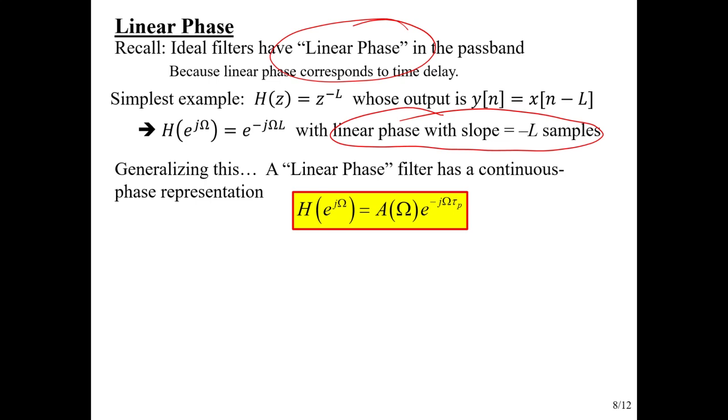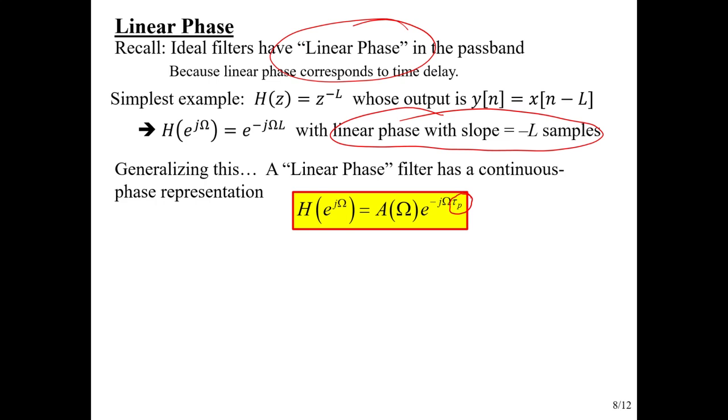Well, now we have a generalization of that. So generalizing this, we say a linear phase is a filter that has a continuous phase representation that looks like this. And so now the slope of that is not L, it's minus tau sub p.